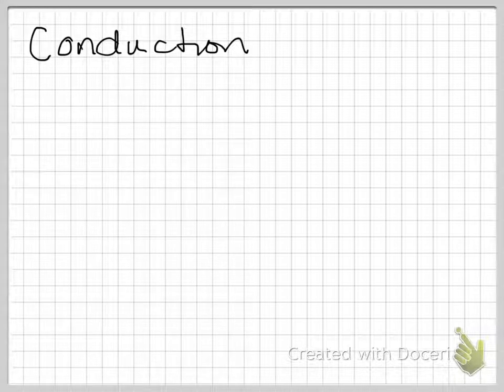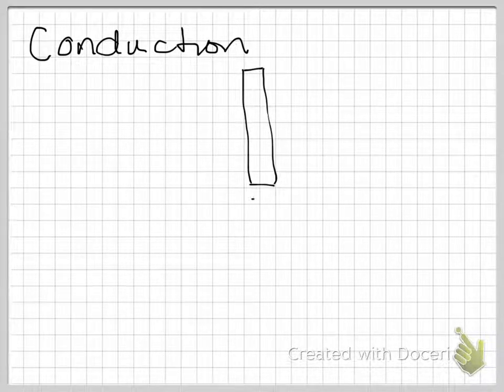So this is conduction. And when we have steady state conduction, which is the one we're going to consider, we use Fourier's law to look at the heat transfer across any plane normal to x.